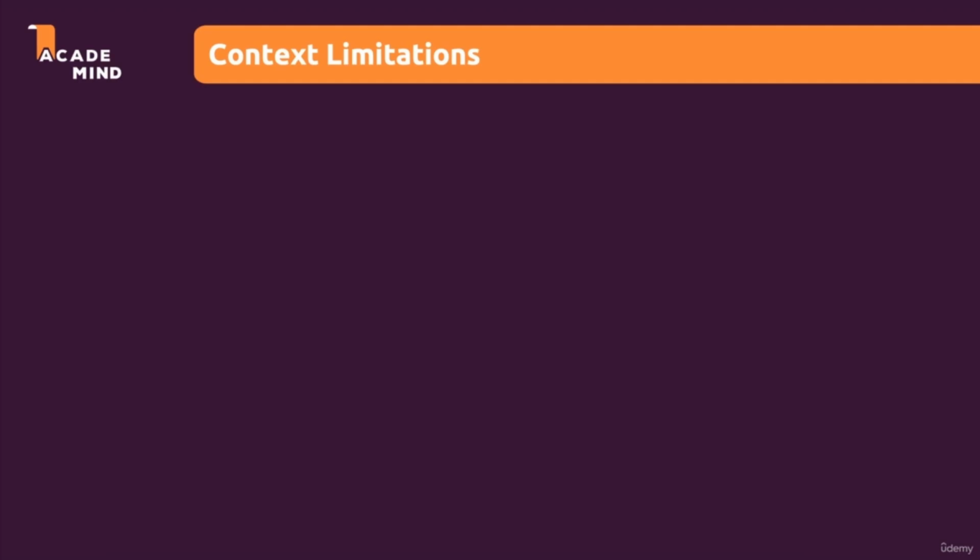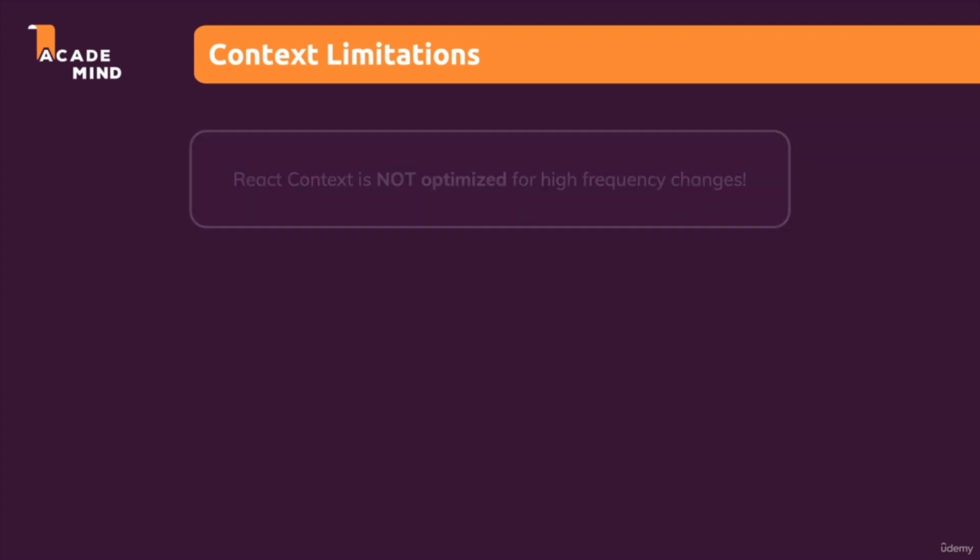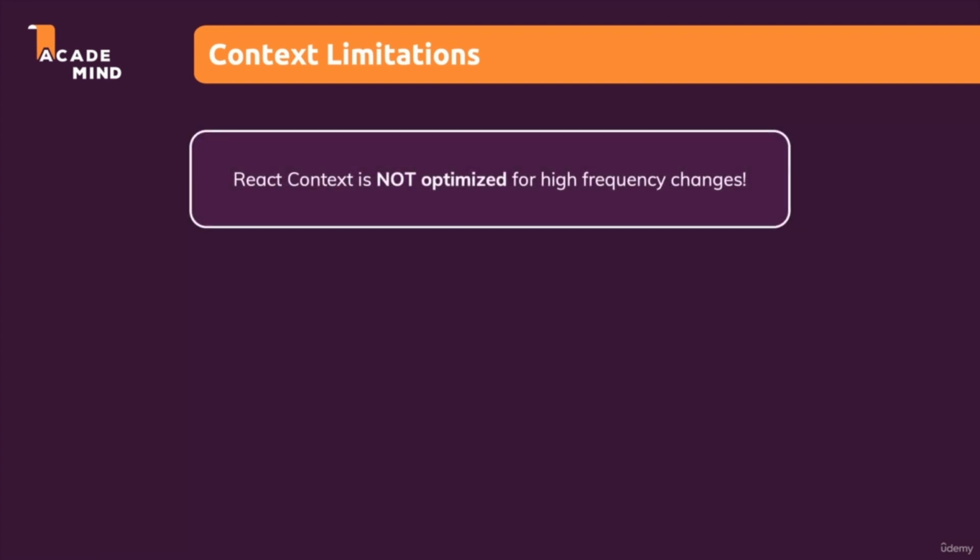But even then, we have limitations. React context is specifically not optimized for high frequency changes. So that means, for example, if you have state changes every second or multiple times per second, this is clearly not the case in our example here. For authentication, that does not change that often. It changes once every few minutes in reality, maybe not even that.